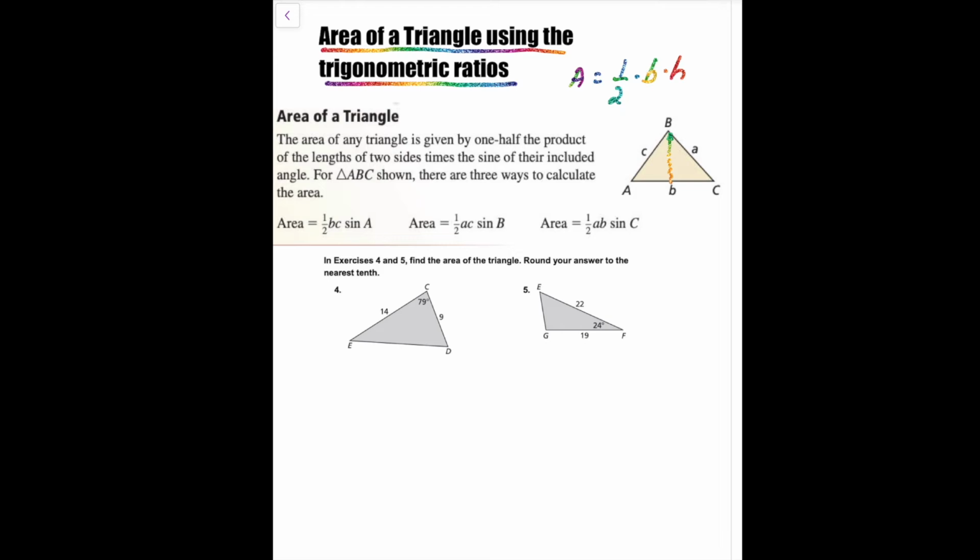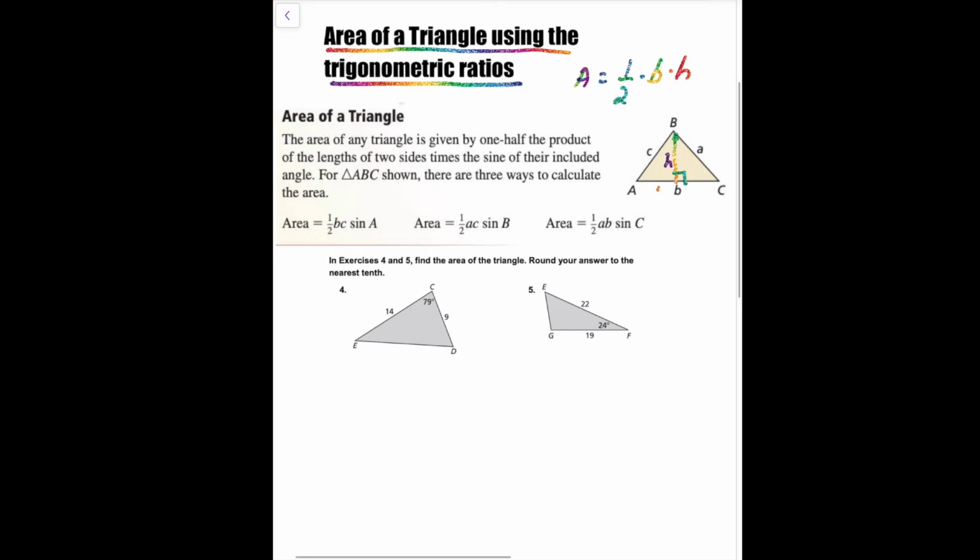If I draw the altitude from vertex B to side AC, how do I find H, the altitude? So the area A will be 1/2 of base B times height H.